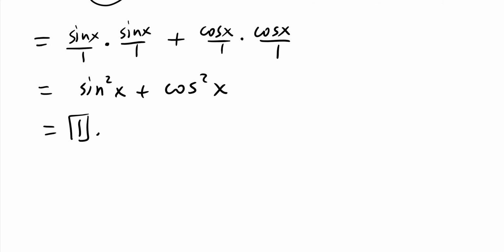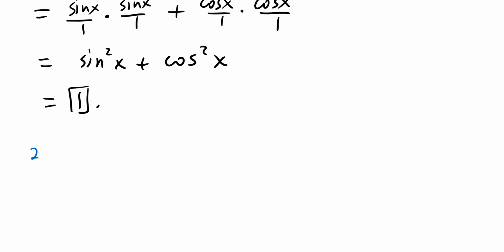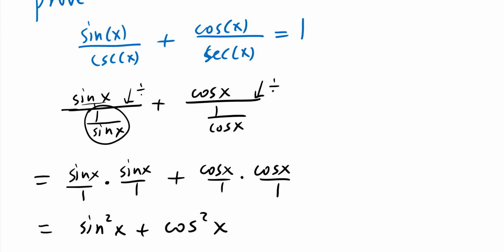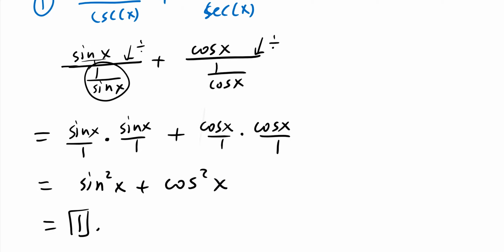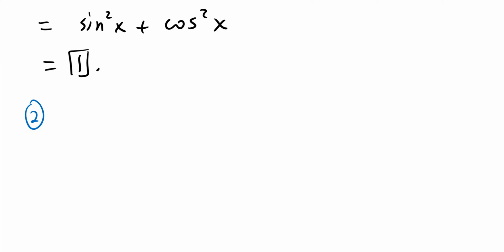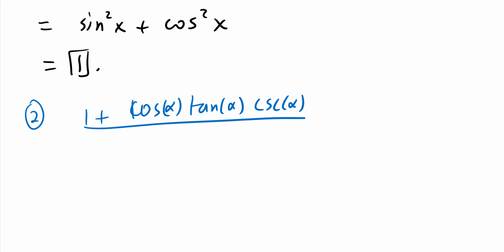More examples. The more examples we cover, the better for you. So that's example 2. I'm going to call the previous one example 1. 1 plus cosine alpha, tangent alpha, cosecant alpha over cosecant alpha equals 2 sine alpha.